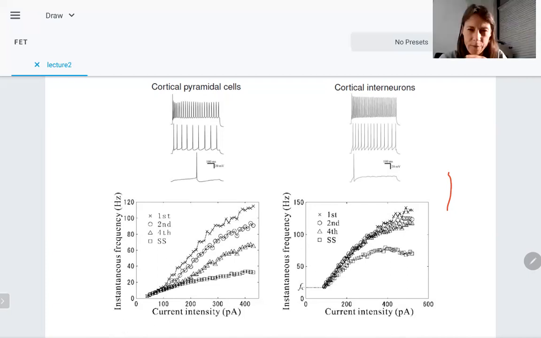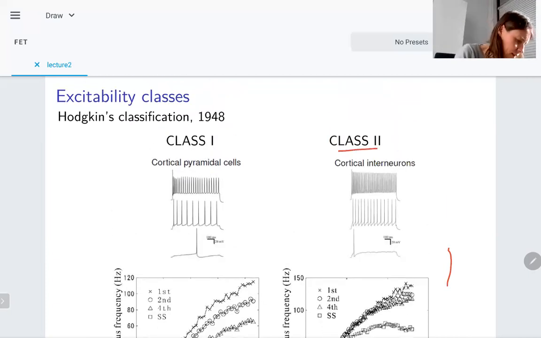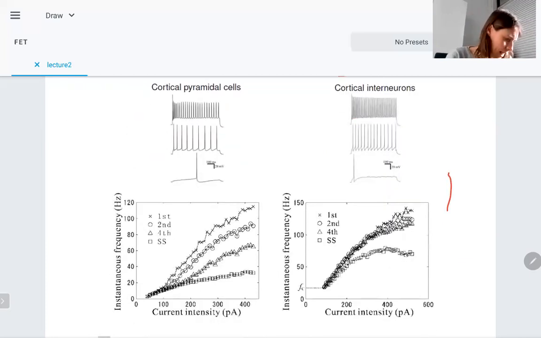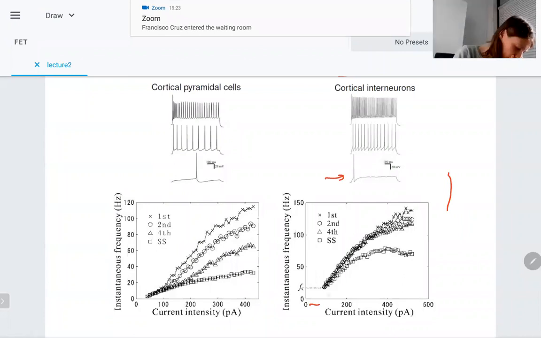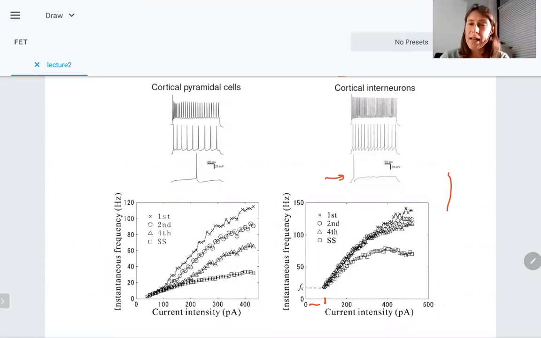However, there was another type of cell membranes that he called class 2 that, similarly, for low values of the input current, didn't show any oscillatory behavior. It was just an action potential and then back to the resting state, as you can see here. But then there was a value of the current intensity for which these cells started to show oscillatory behavior, but they started with a positive frequency that could not be brought back to 0, okay?